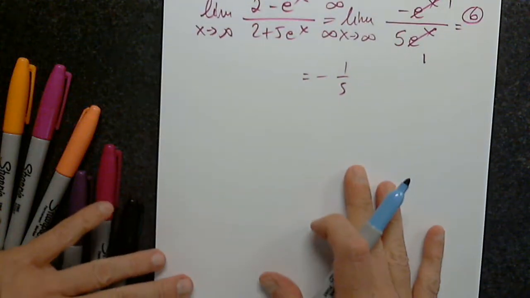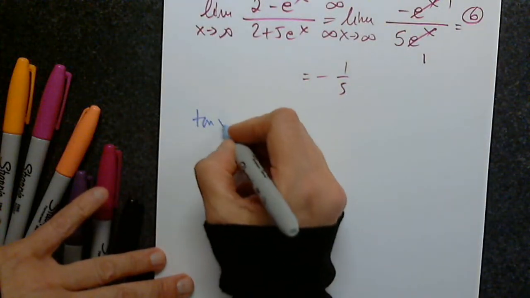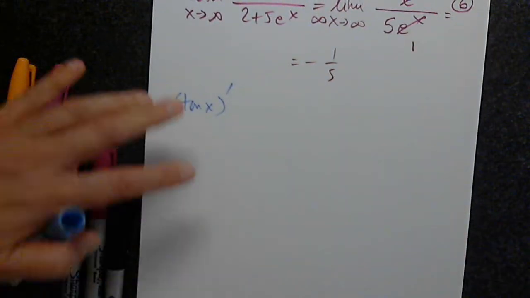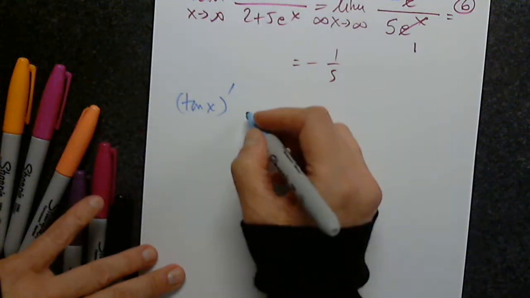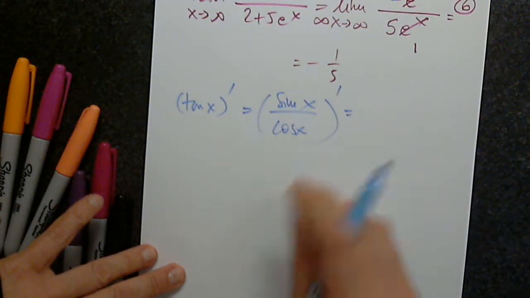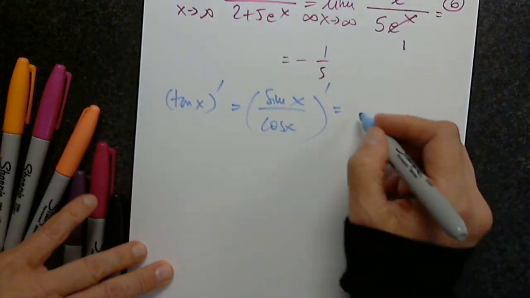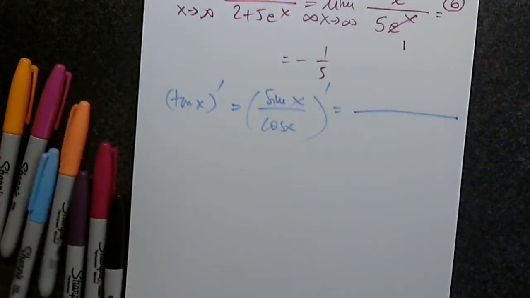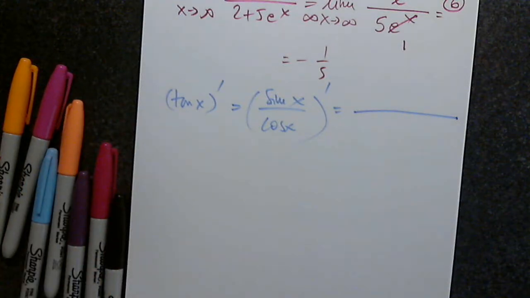So now let's determine the derivative of the tangent. This I will not do using the definition of the derivative, but I know that this is sine x over cosine x, prime. And I know that this is a quotient, a ratio of two functions. I have to use the quotient rule.